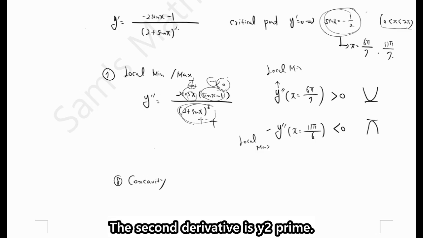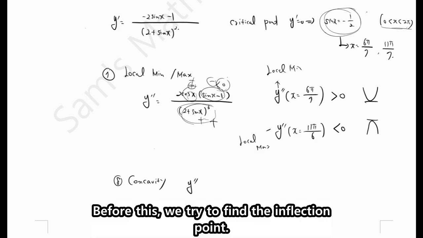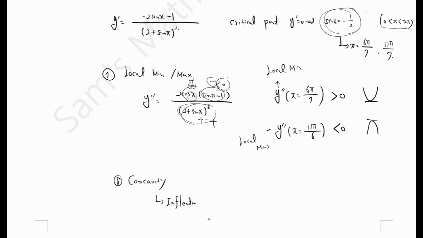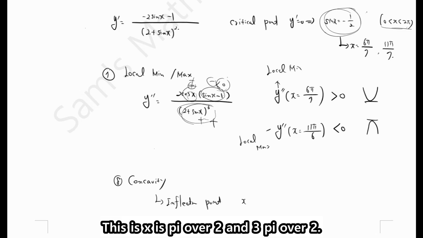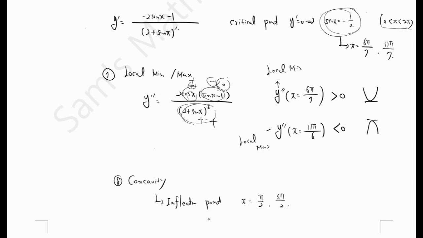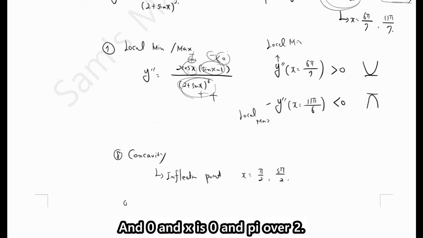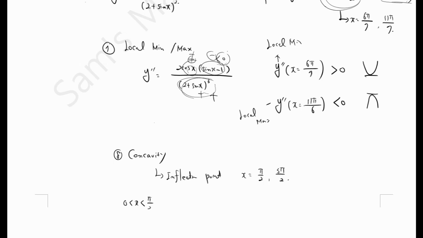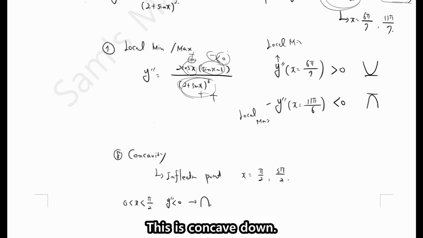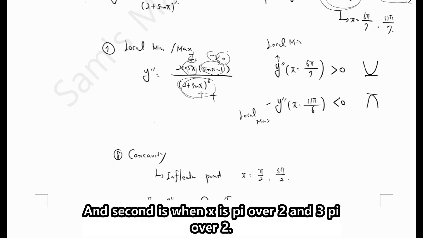As before, we try to find the inflection points, which are x equals pi over 2 and 3 pi over 2.